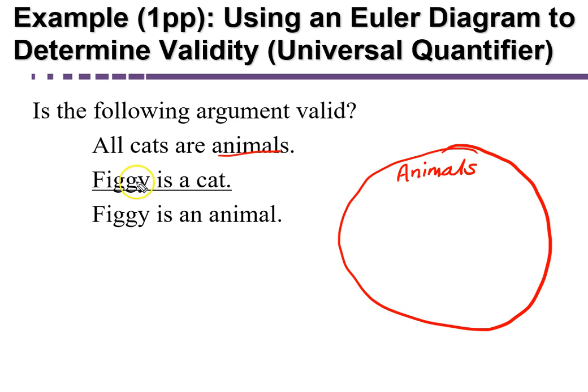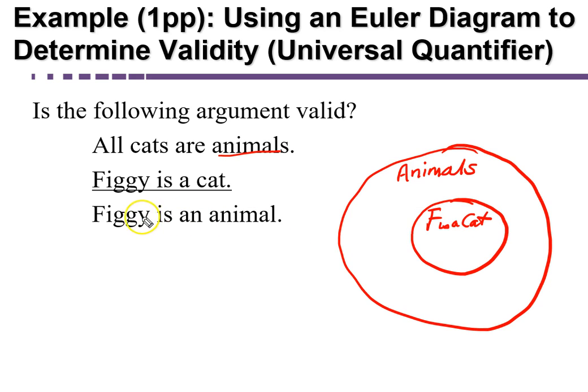Now, Figgy is a cat. Where would we put that circle or subset in a sense? Well, would it be outside of animals? We're saying all cats are animals. So no, this circle would then be inside, and this would be Figgy is a cat, so to speak.